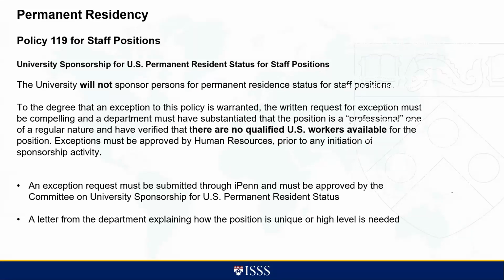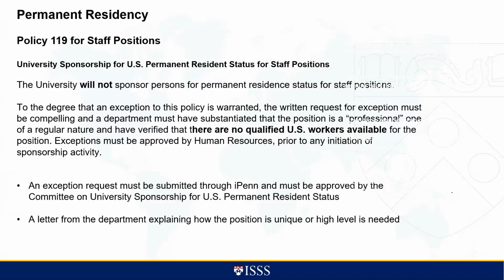And then our system will help you connect with a PR review committee. They will review and see whether your argument is agreeable, and then decide whether they are going to approve or deny, or whether they need further evidence. So the process is that if there is a staff position you would like to sponsor with PR, you still need to submit a PR e-form.